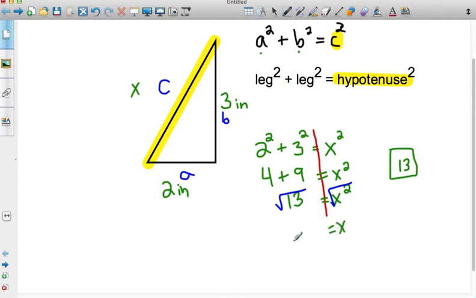Now, if you use a calculator, you can find the exact answer, but for right now, you can just leave your answer as the square root of 13. We know that 3 times 3 is 9, 4 times 4 is 16, and so my answer is going to be somewhere in between 3 and 4. Again, you can do that with the calculator if you'd like to, but it's not necessary right now.